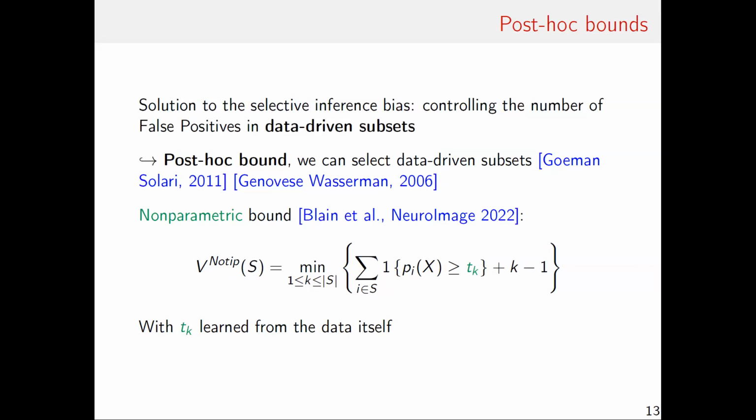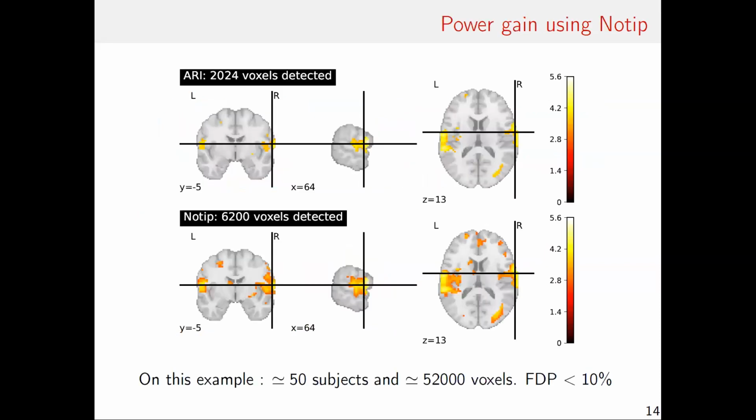So this is a completely non-parametric approach. And what we want to show is that there is actually a lot of power to gain by using a fully non-parametric approach compared to a parametric or semi-parametric approach. So this is what I want to show you now on real data.